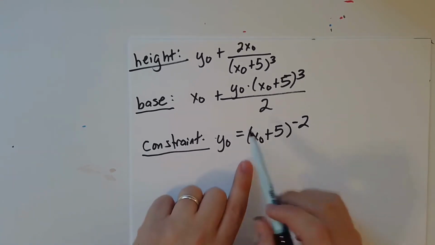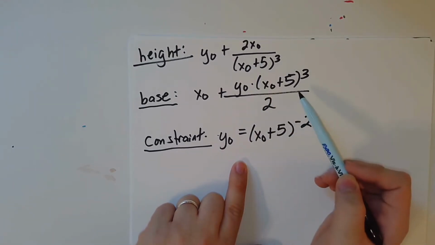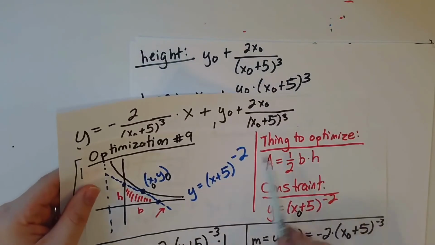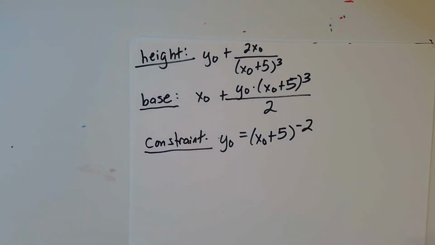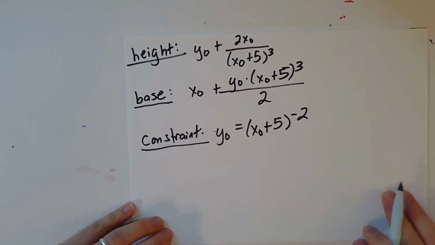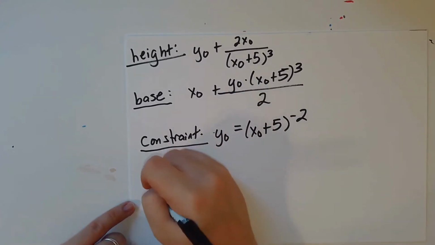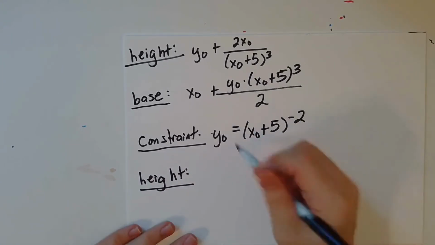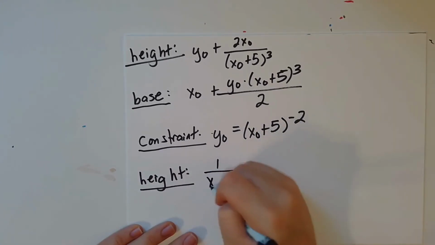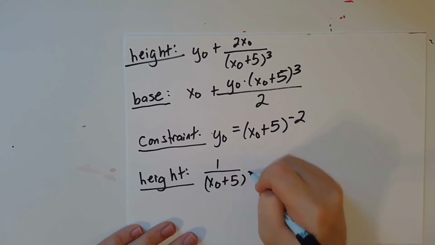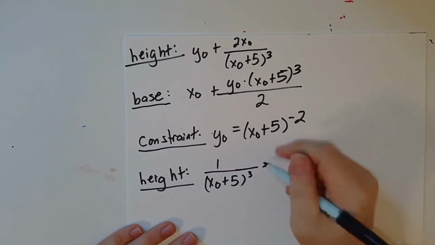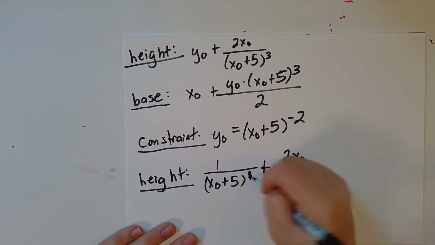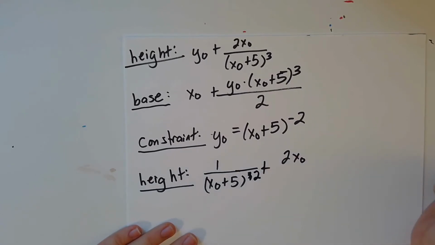So I'm going to sub this into the height and into the base in order to simplify it a bit before I plug everything into the area formula. I want this to be as simple as possible. So I plug y naught in here. Sorry, let me back up a second.